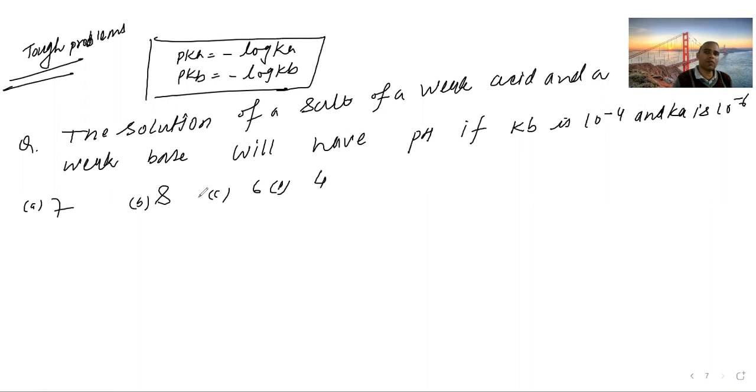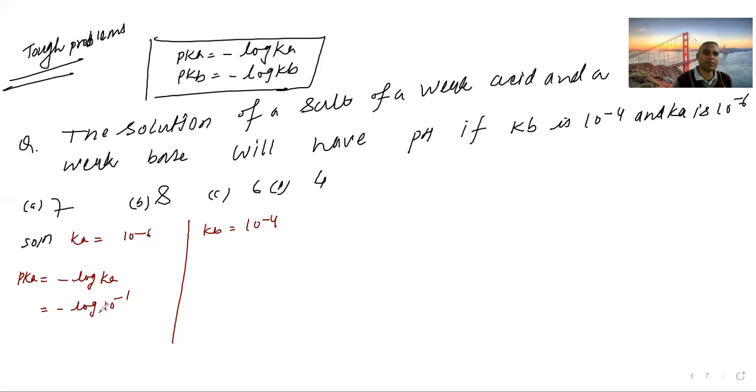So if you are doing the solution, first of all we need to write Ka. How much is Ka given? 10 power minus 6. At the same time they have given Kb, 10 power minus 4. So pKa is minus log Ka, which means minus log of 10 power minus 6.